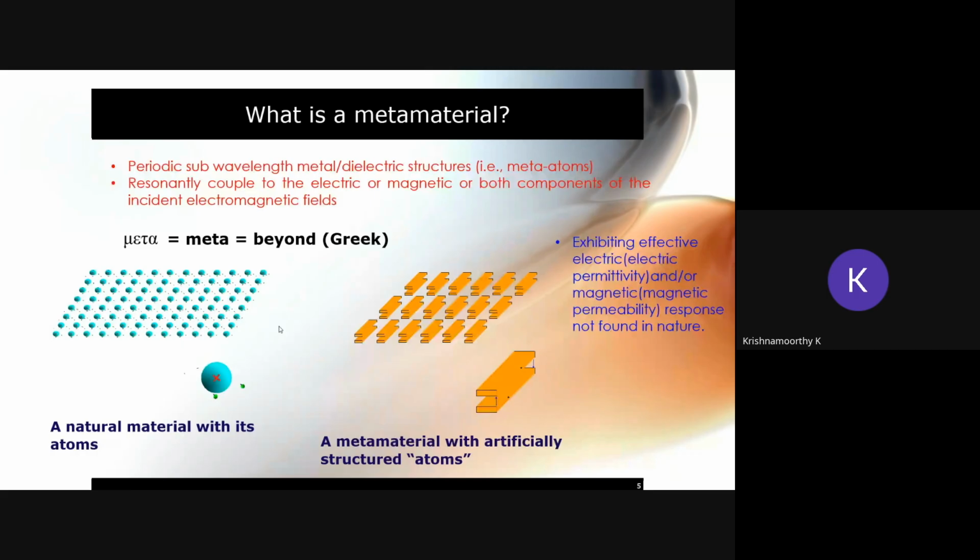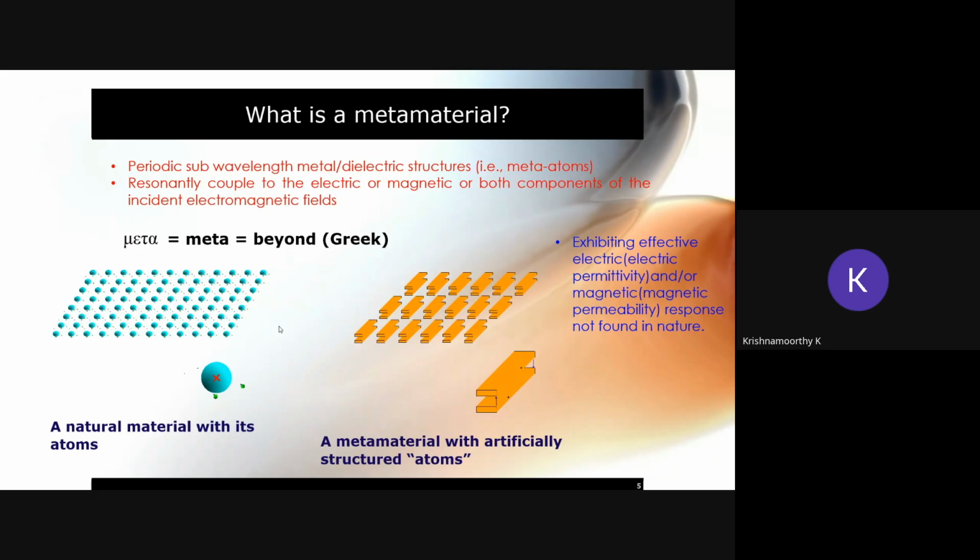The ability of dipole moment formation inside the material is going to define the dielectric constant. The dielectric constant defines the amount of dipole moment formation inside the atom when the electromagnetic wave is incident.